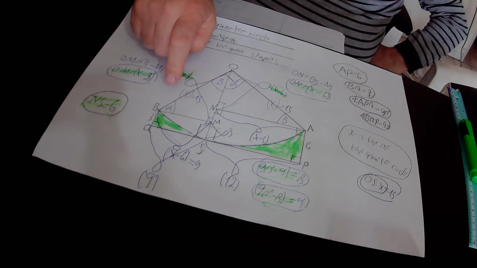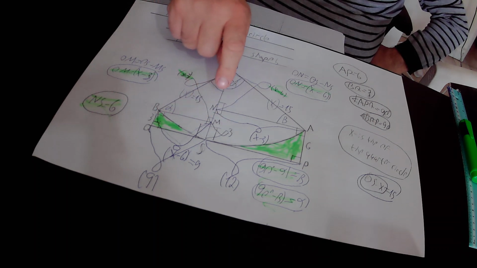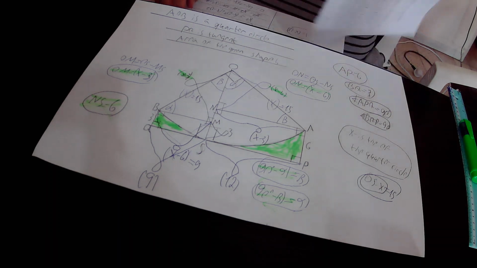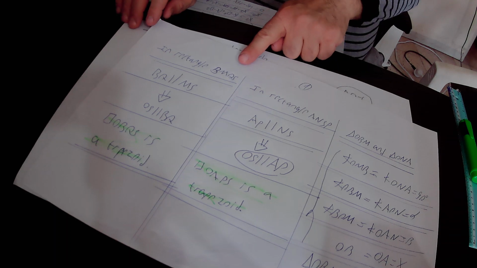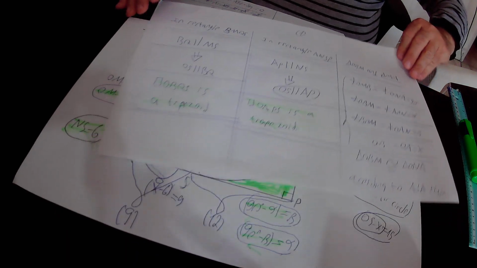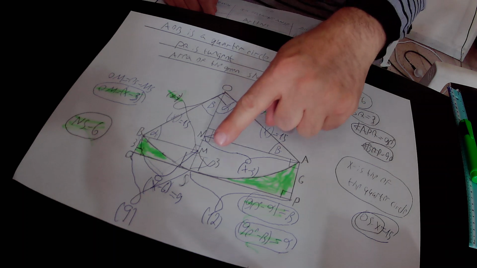That is to say, in rectangle BMSQ, side BQ must be parallel to the opposite side MS. So BQ is parallel to MS.